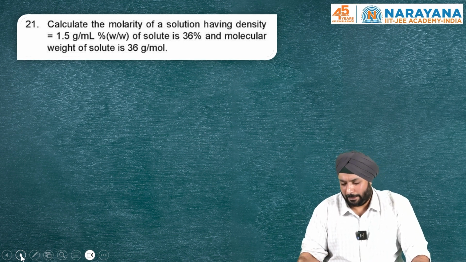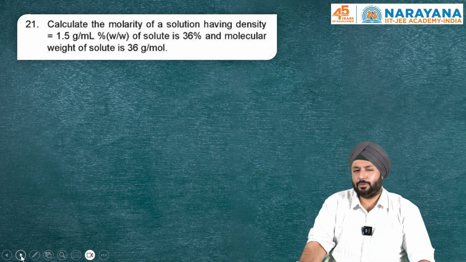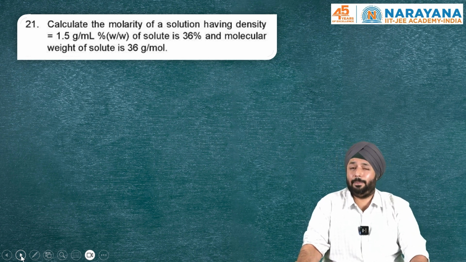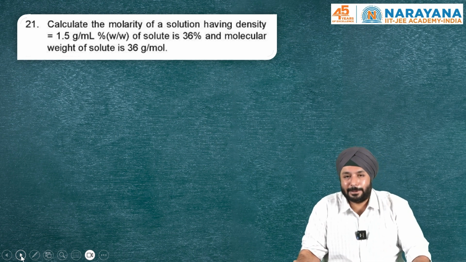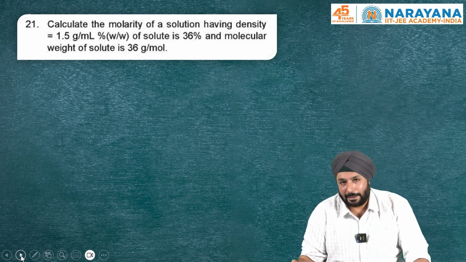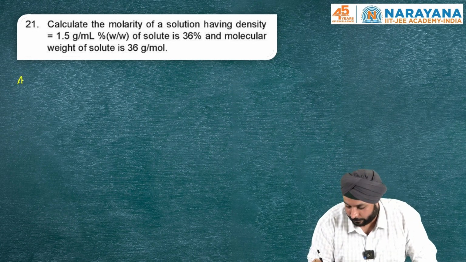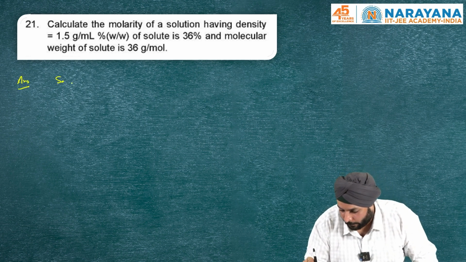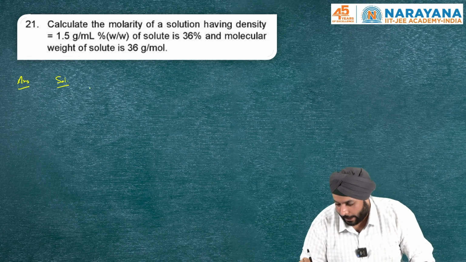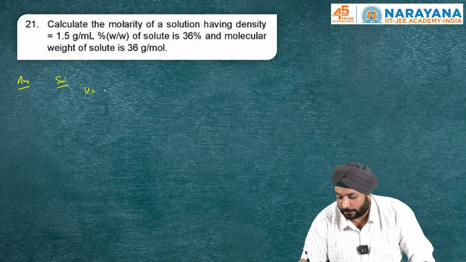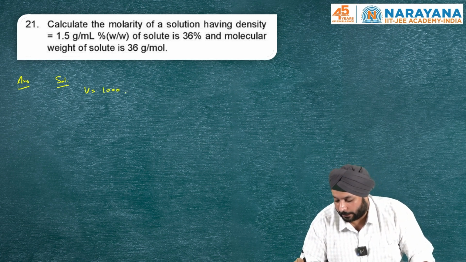We have density, we can easily calculate. See, there should be one assumption to solve this question. An assumption should be made in such a way that your life should be simple. So we'll assume that volume of solution is 1000 ml.